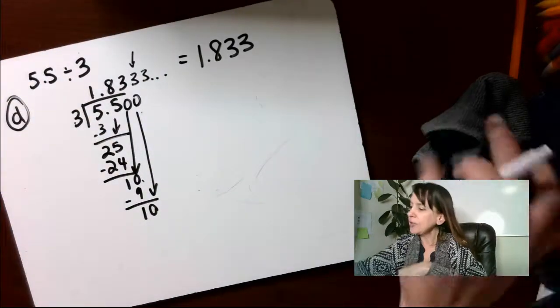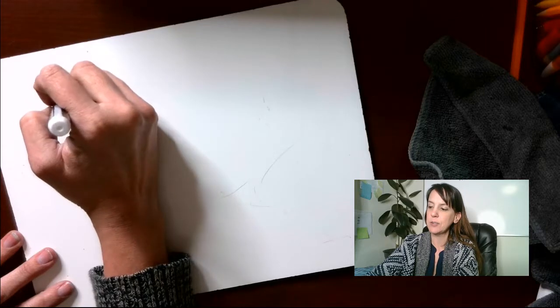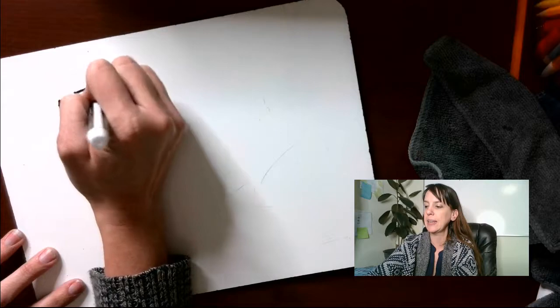E, 93 students are assigned to 4 classrooms as equally as possible. How many students are in each of the 4 classrooms? So 93 students are divided into 4 classrooms. So 4 into 93.